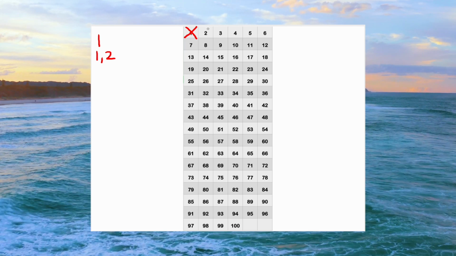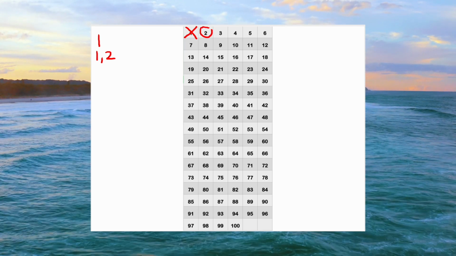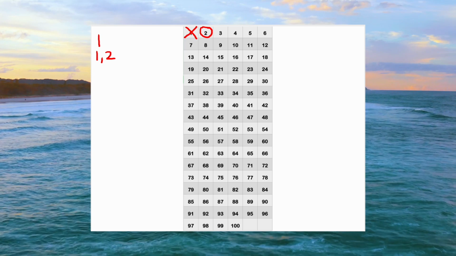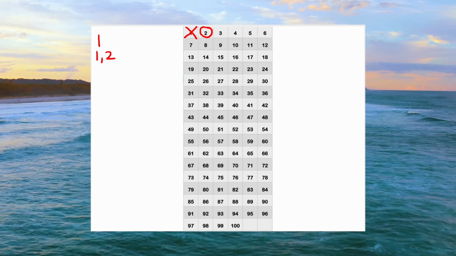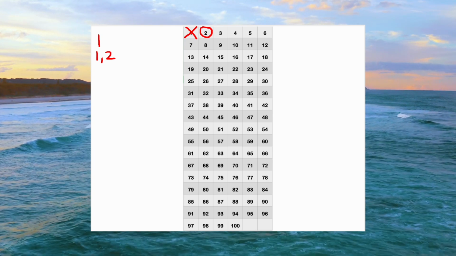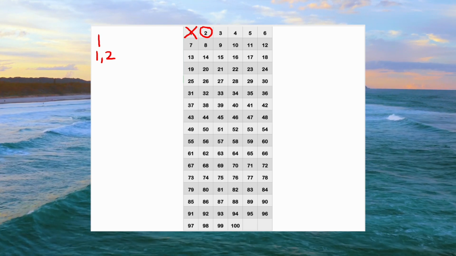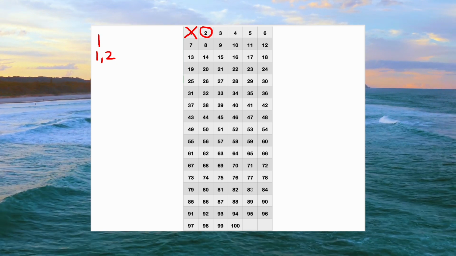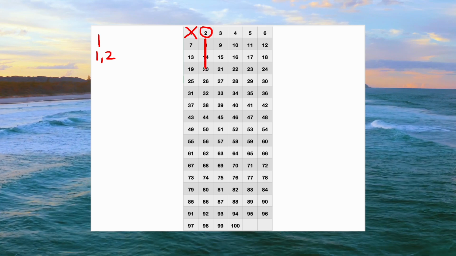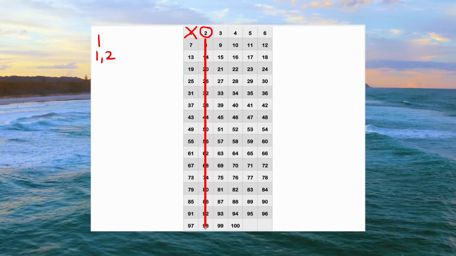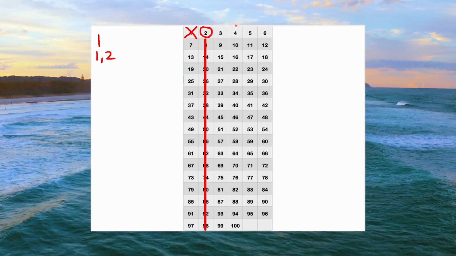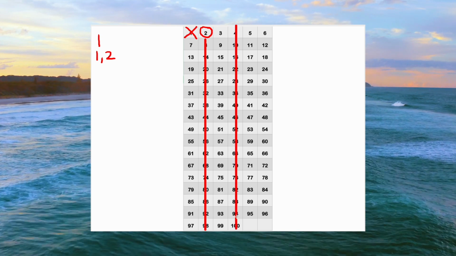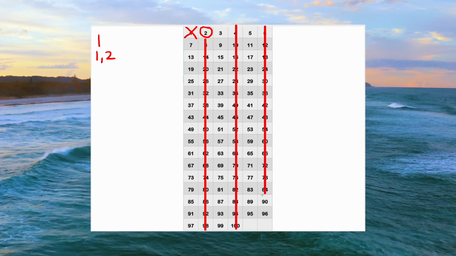So here we will circle 2 to show our prime number. Any even number after 2 will have 2 as one of its factors, which means we can eliminate all the times tables that have 2 in them, so all the even numbers can now be eliminated like so.